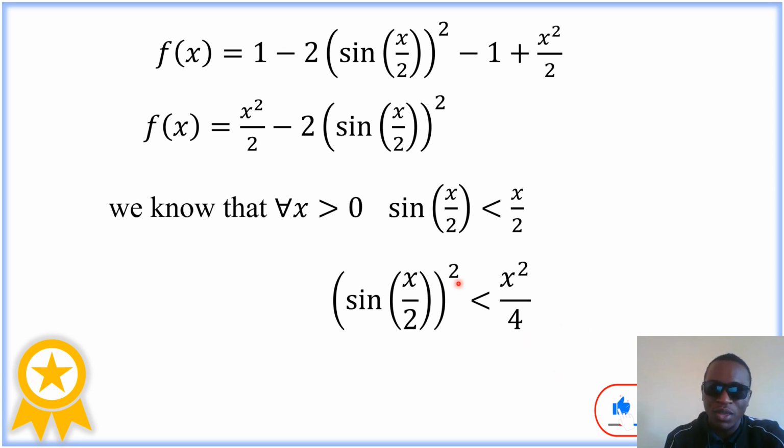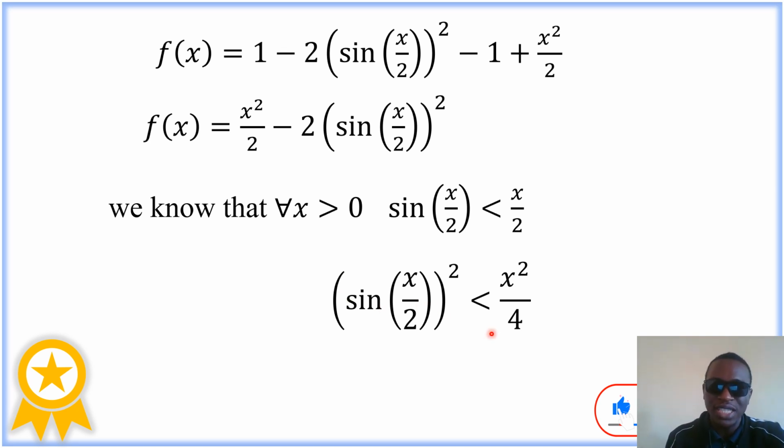From here now, we notice that in the expression of f of x, we want to establish this function you are seeing here. We notice that there is a certain negative 2 multiplied to this term. So you have to multiply both sides of this inequality by negative 2. Since we are multiplying by a negative quantity, the inequality sign reverses.